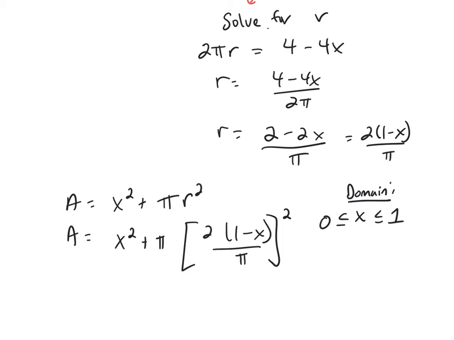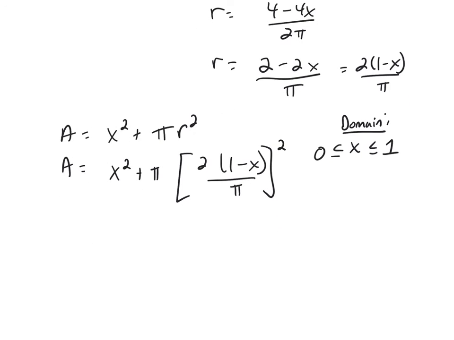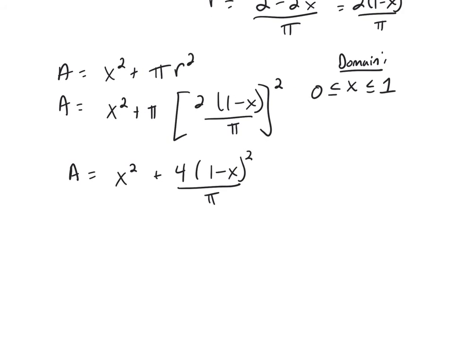All right, so now let's simplify this formula for A. 4 over 1 minus x squared, and then it'll be over pi. And if you get a common denominator here, pi x squared.